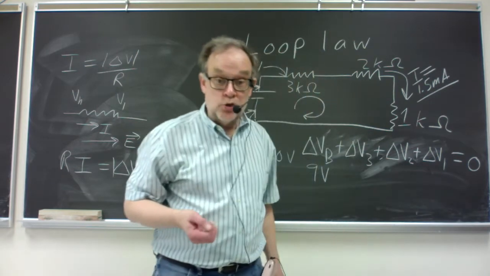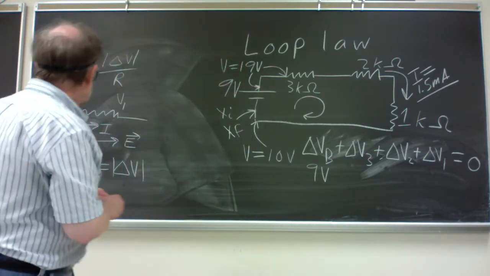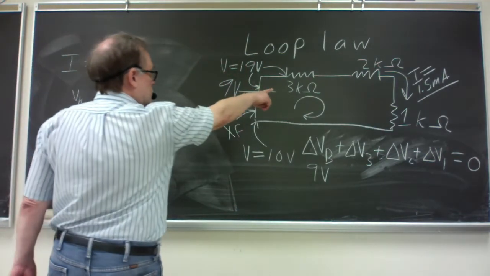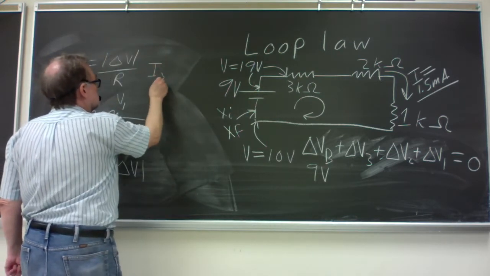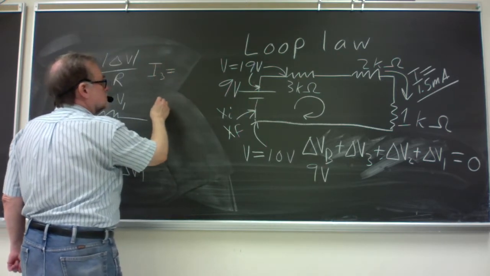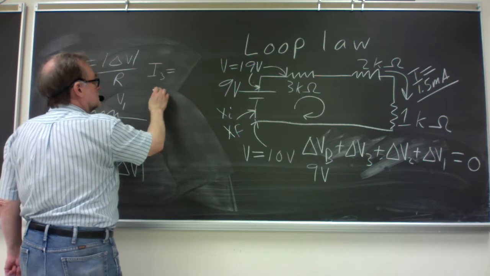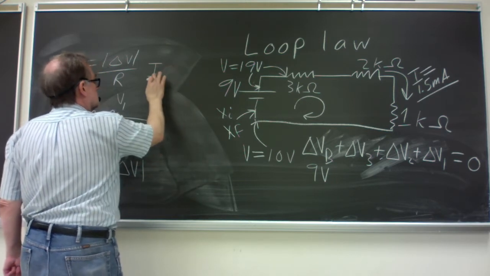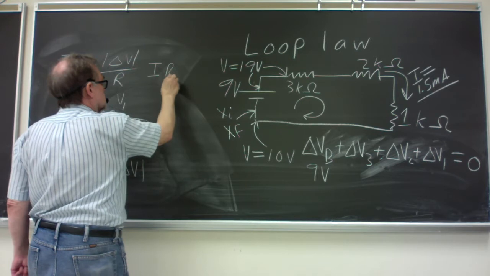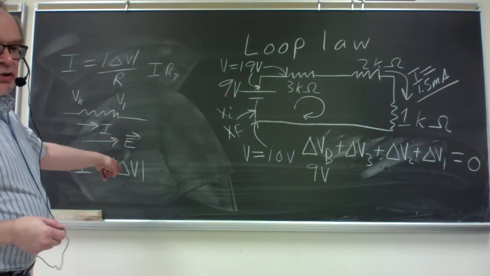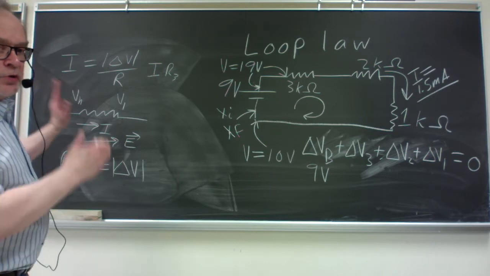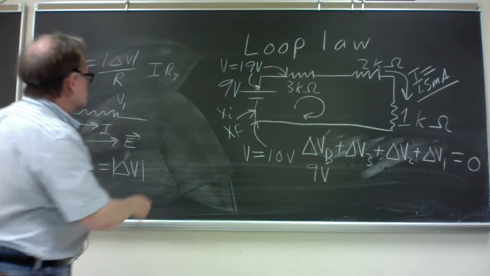And let's see how big each one is. Through the 3 kilo ohm resistor, I times R is the potential change, the potential difference between one side and the other of that resistor.